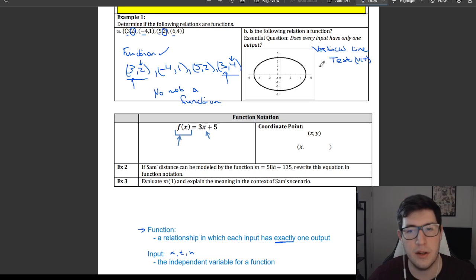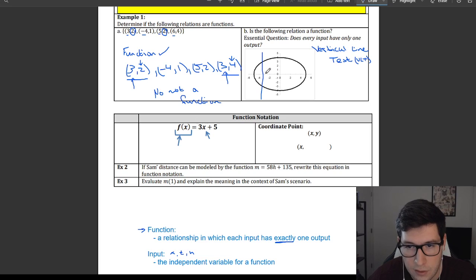Now the vertical line test is a very simple check that we use when looking at something graphically and trying to determine if it's a function. What this test means is that if we draw a vertical line anywhere on this graph, in order for this to truly be a function, it should only hit the vertical line once, because this vertical line represents an input.